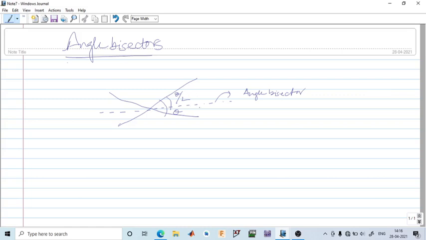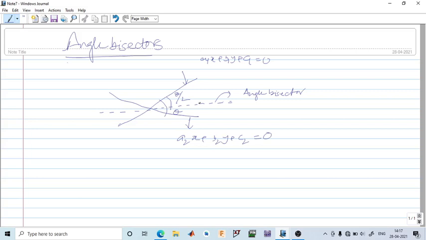I am writing the two straight line equations: a1x plus b1y plus c1 equals 0, and a2x plus b2y plus c2 equals 0, right?